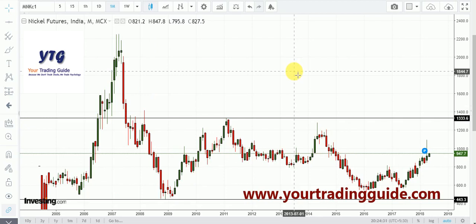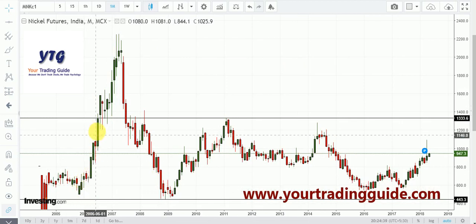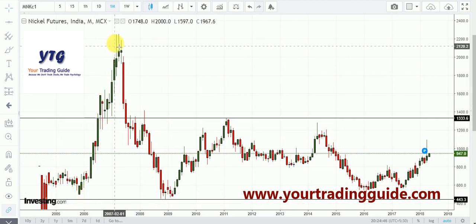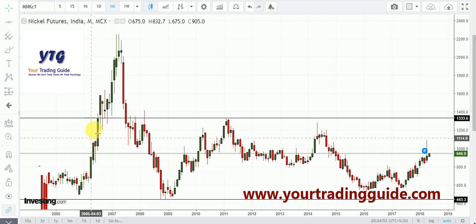If you can see, from 2005 nickel started moving up, and you can see the kind of movement we had from 443 till about 2243. It was a very glorious period for metals and nickel as well.